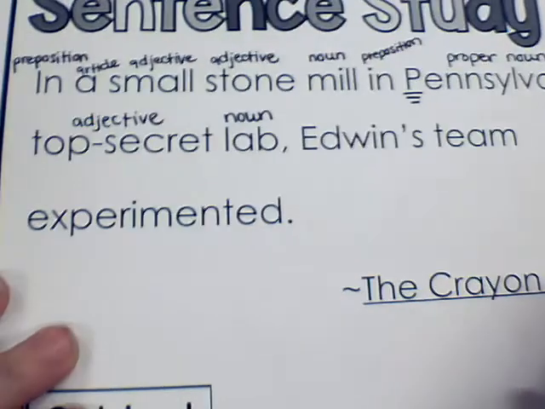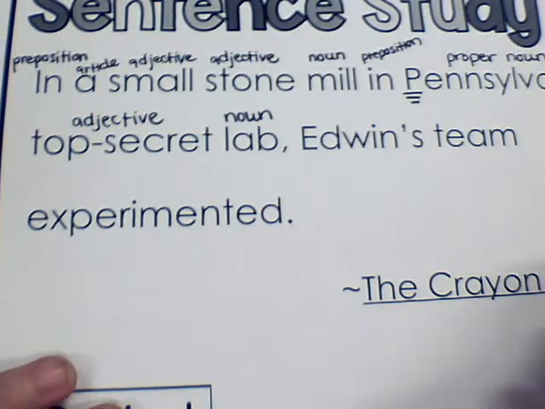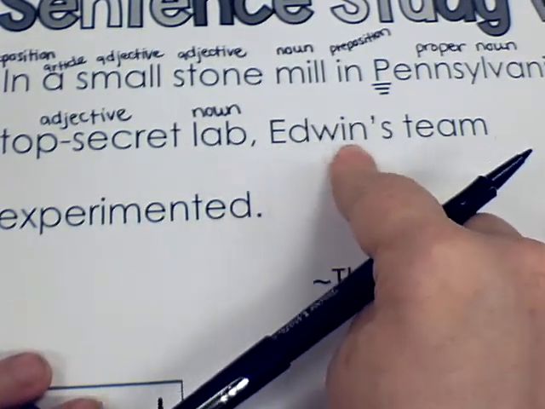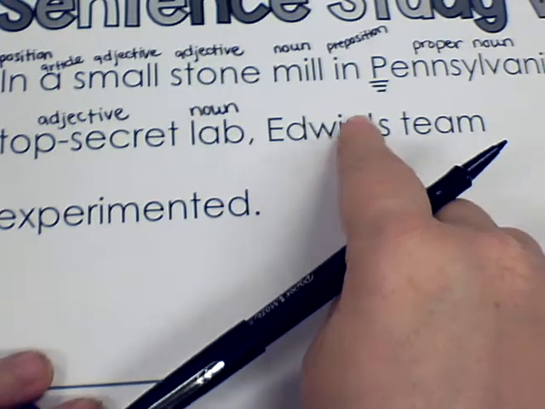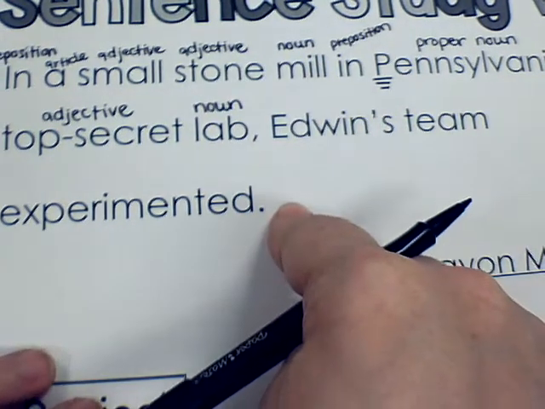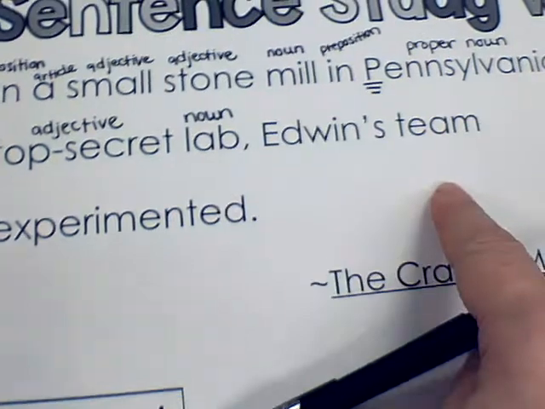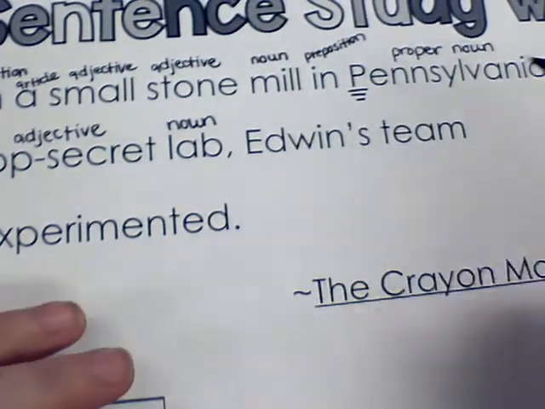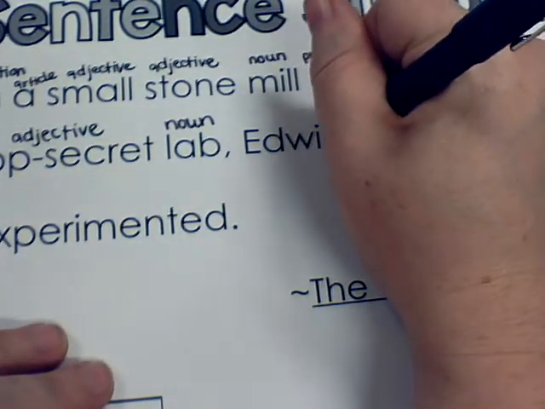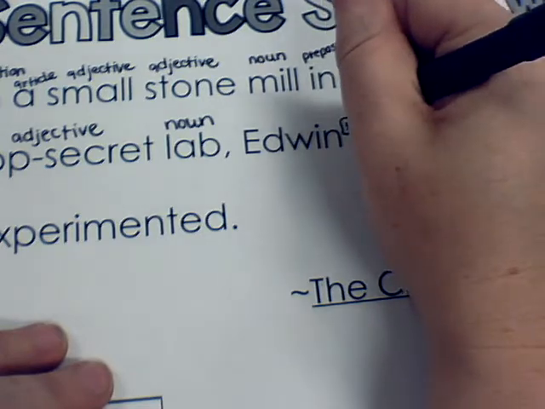We have Edwin's team experimenting. Only 3 words left. Edwin is the name of a person, so that's a proper noun. However, it also has this special little buddy right here, and this is called an apostrophe.